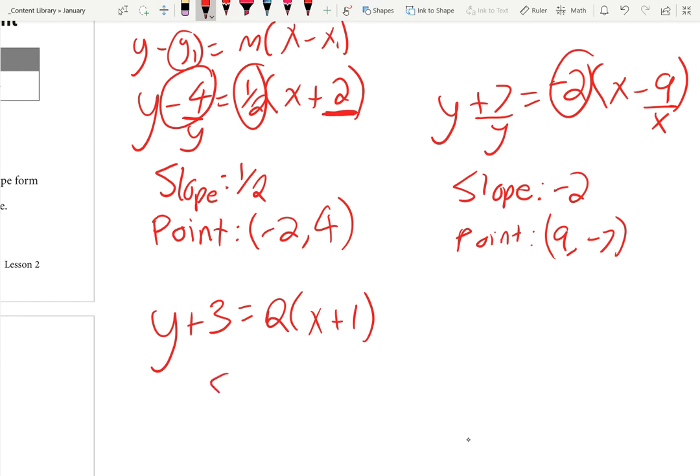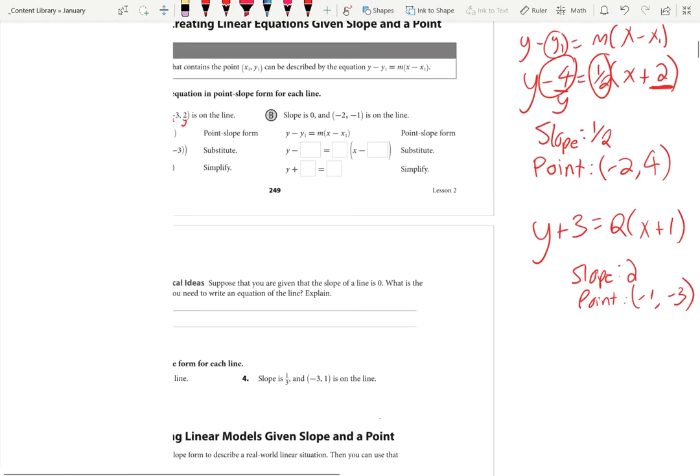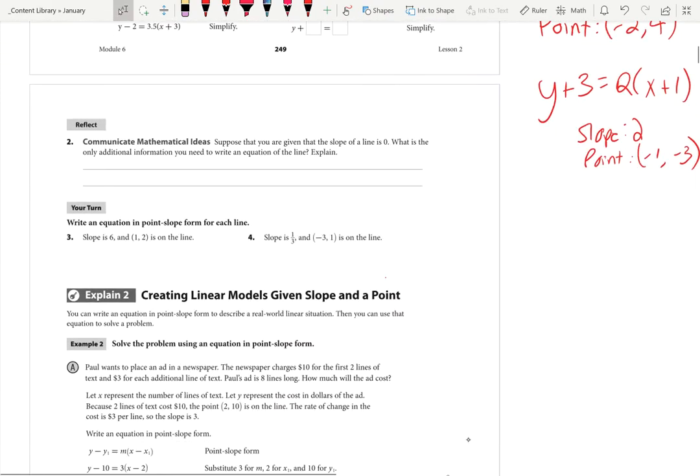In this equation, the slope would be 2. And then the point would be, x would be a -1, and y would be a -3. Again, opposite from how it looks. So keep that in mind as we go throughout more of these problems.